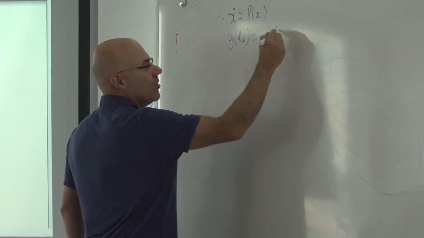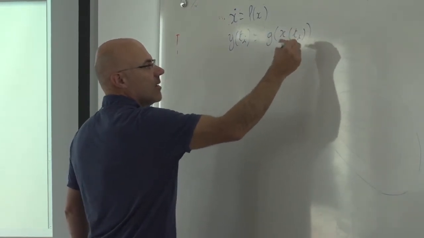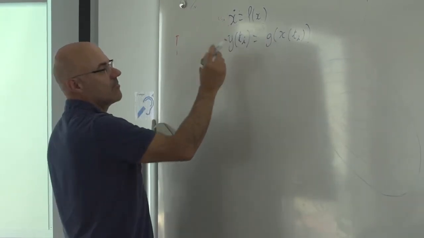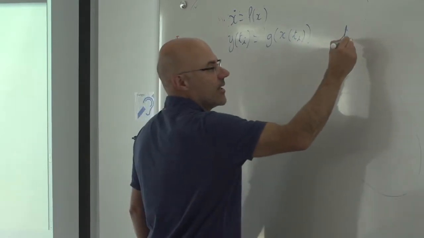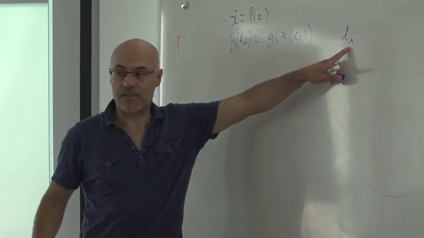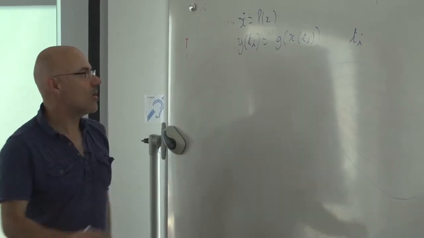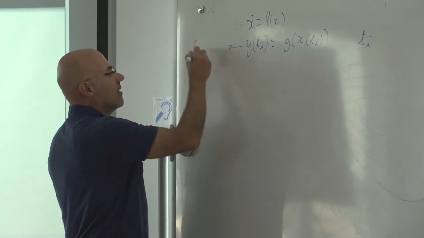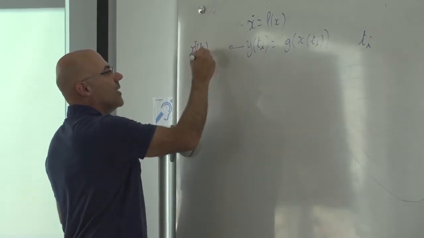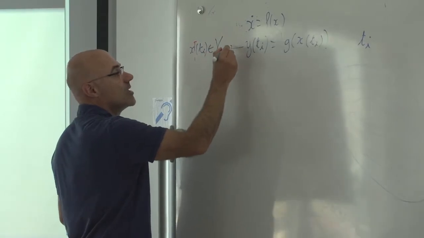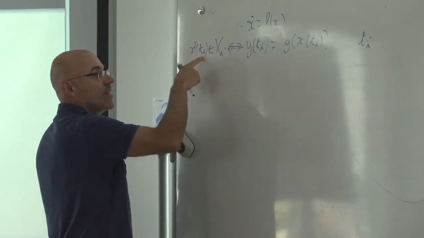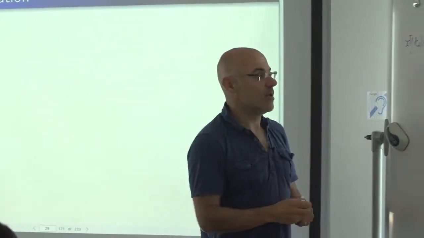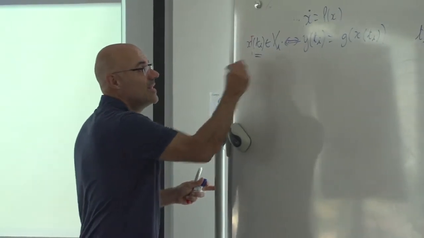I am able to make some measurements of the state x. I know the time instant at which I make the measurements. This can be replaced, if you want, by x of t belongs to a set Xe. This is equivalent to say this. But I know ti.